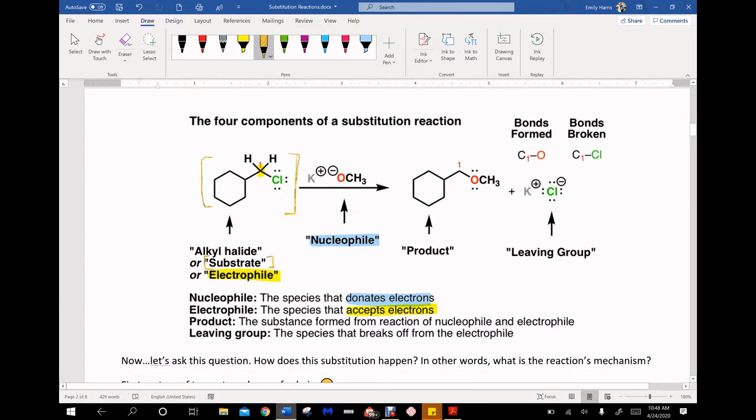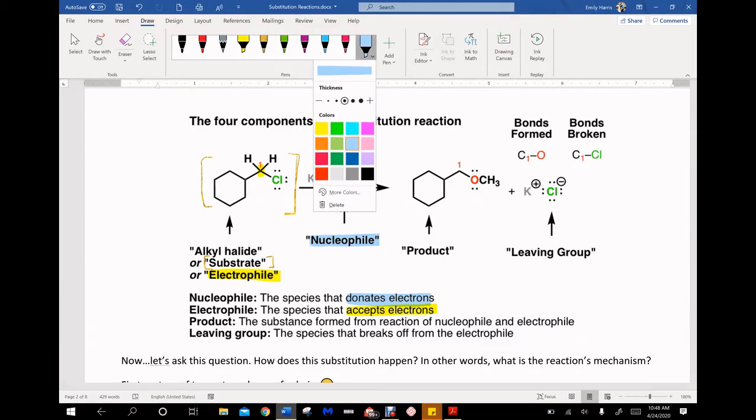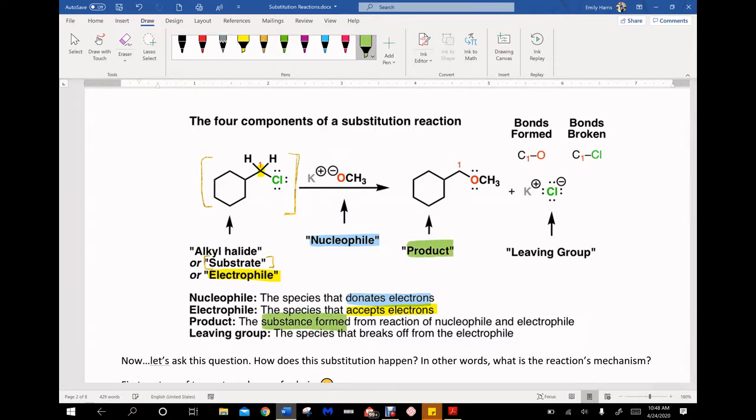Then the product, of course, is the substance that will be formed from the reaction of the nucleophile and electrophile. So here's our product in this case, with that new covalent bond between the oxygen and carbon 1.